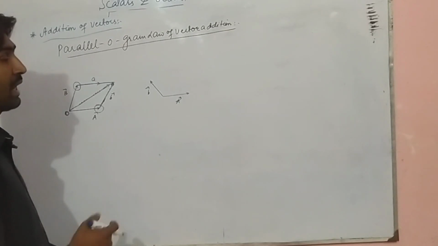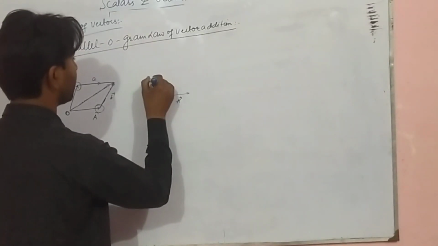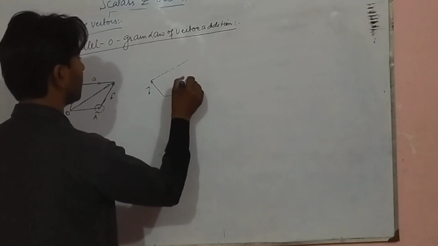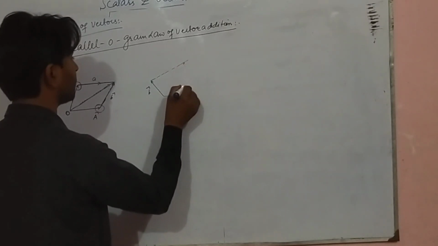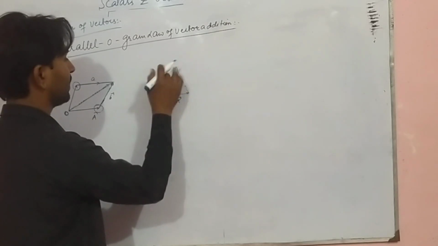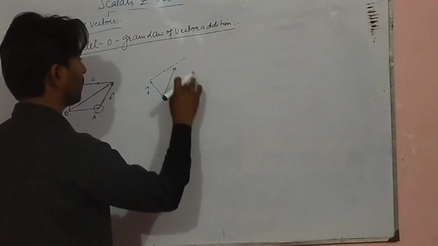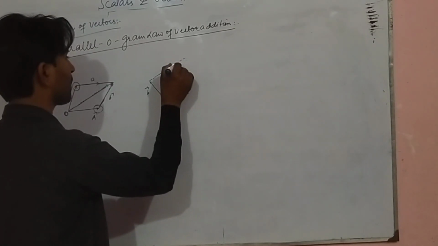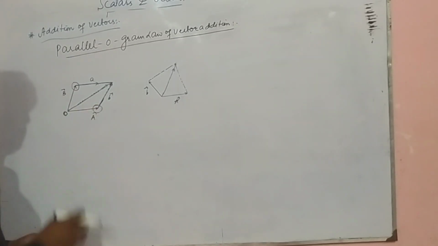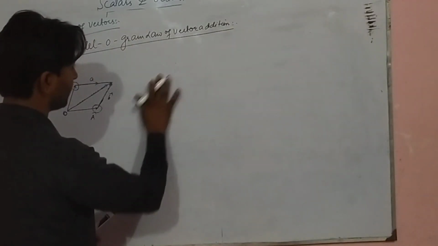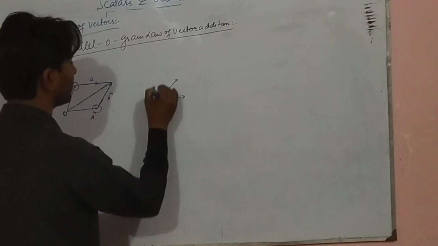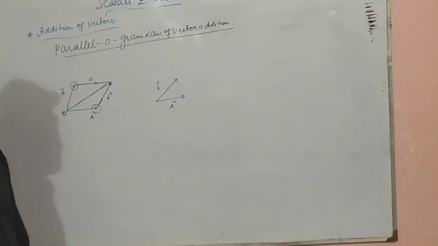By drawing parallels to them. We draw a line parallel to vector A and another parallel to vector B, and this will be the resultant, completing the parallelogram. Let me correct the drawing. If this is vector A and this is vector B, and we have to find the resultant of both vectors.